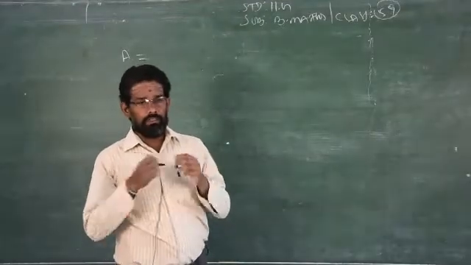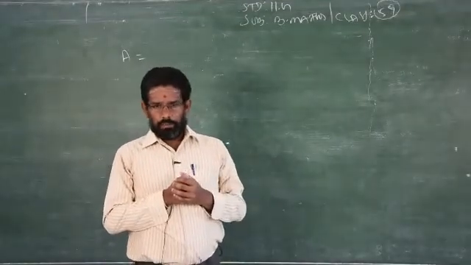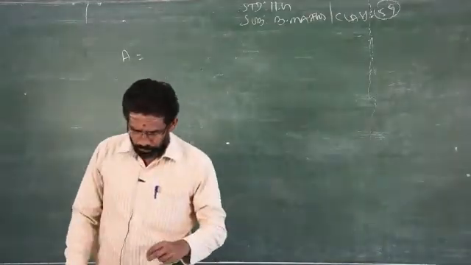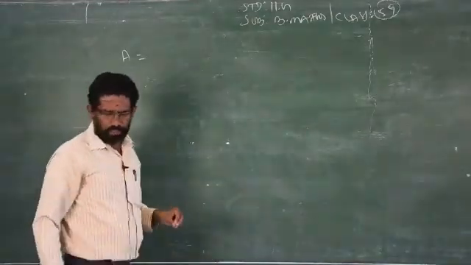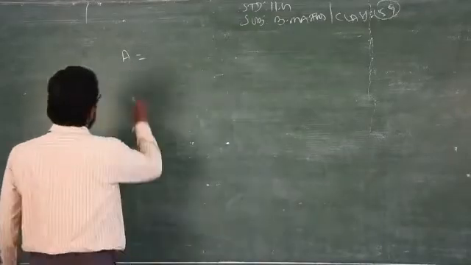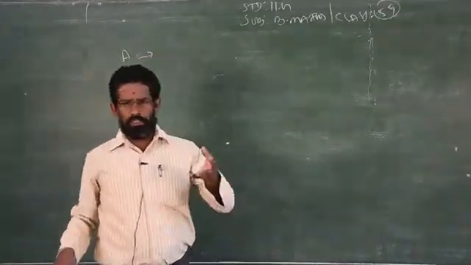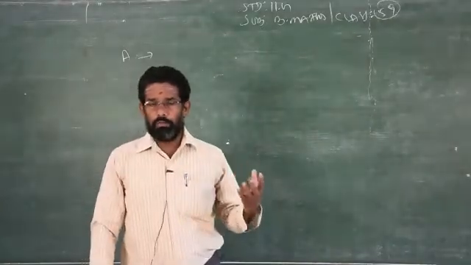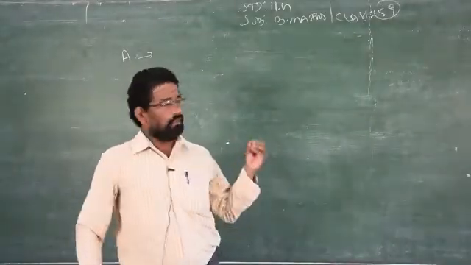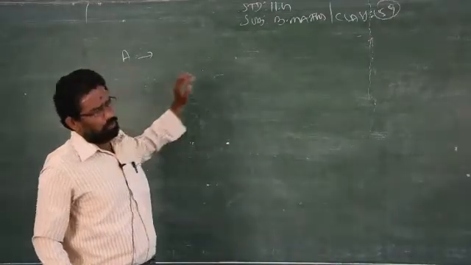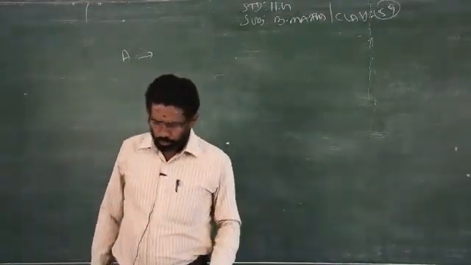select a girl. What is the probability that the selected student is from class 11, given that you are selecting a girl? That girl should be from which class? 11th class. You can consider A as the event of the girl being from 11th standard and B as selecting a girl.